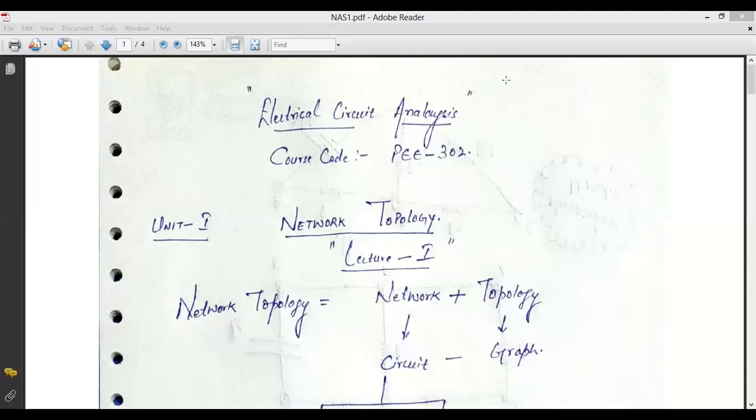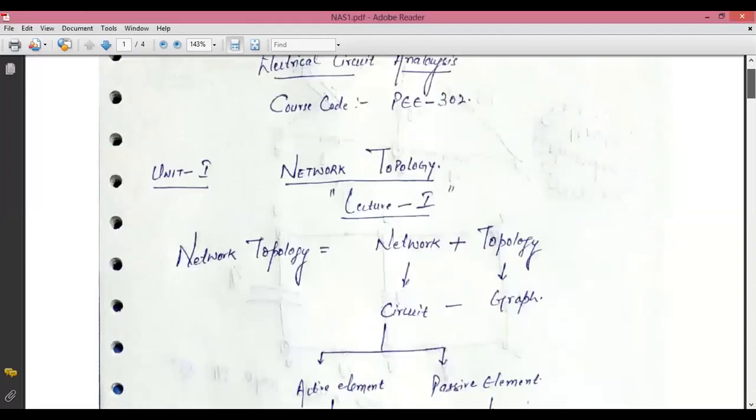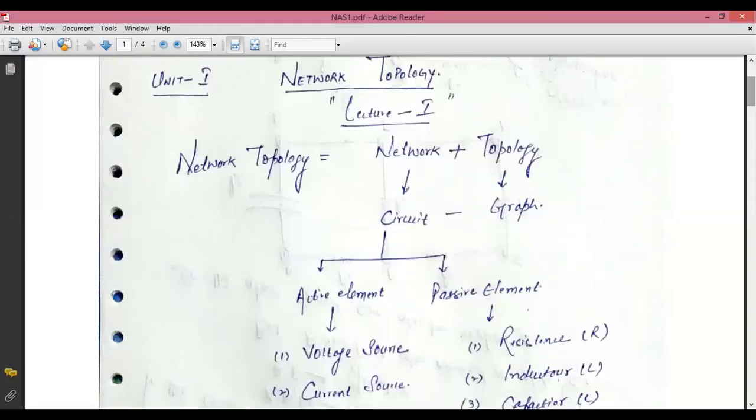Now what will happen? You have unit number 1 that is called network topology. Now if you see on your screen, what do you mean by this network topology? Network topology is basically equal to network plus topology. Network means a circuit and topology means graph.